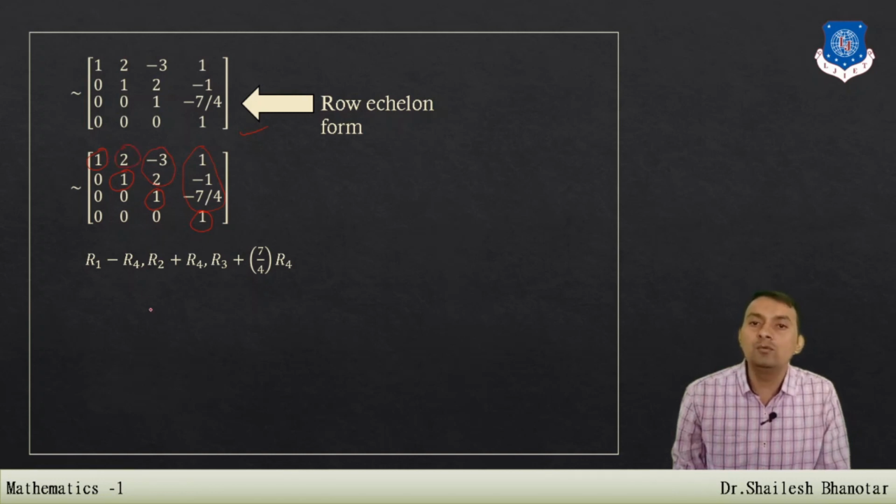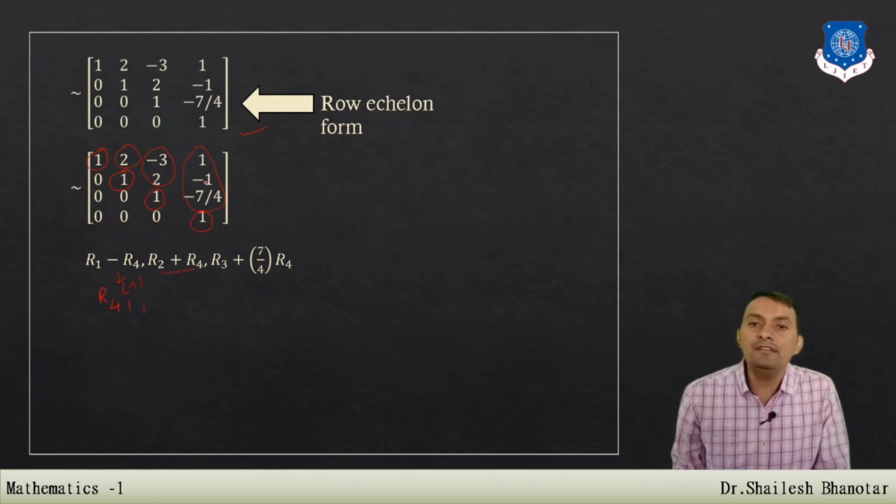For that, I want to make the first row entry 0, that means I have to multiply the fourth row by minus 1 and add to the first row, and therefore we can write this. Otherwise, fourth row multiplied by minus 1 and added to the first row.